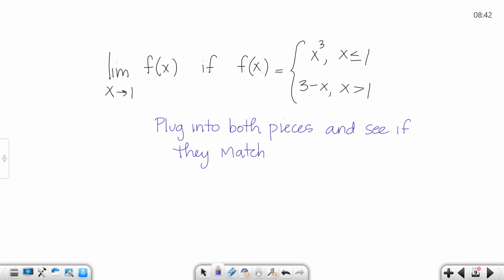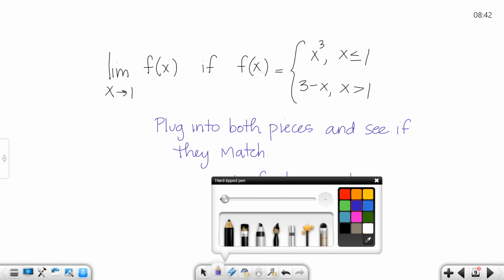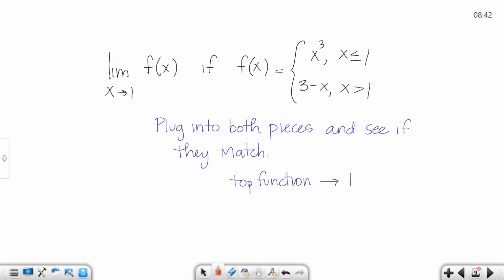So if I plug 1 into the top function, I get 1. If I plug 1 into the bottom function, I get 3 minus 1, I get 2.